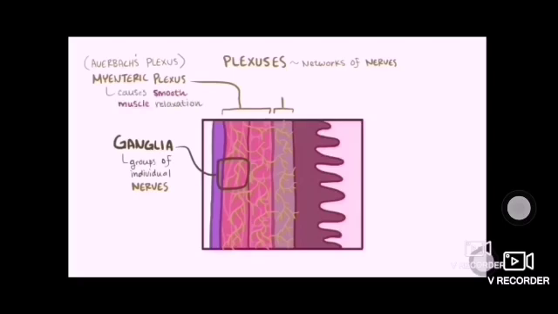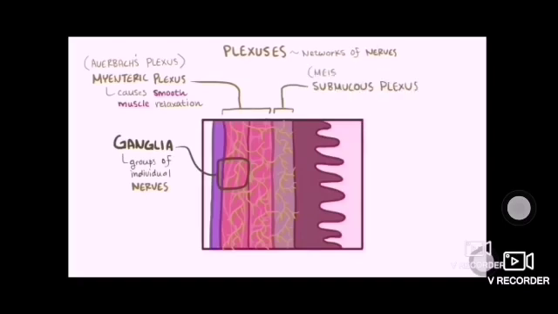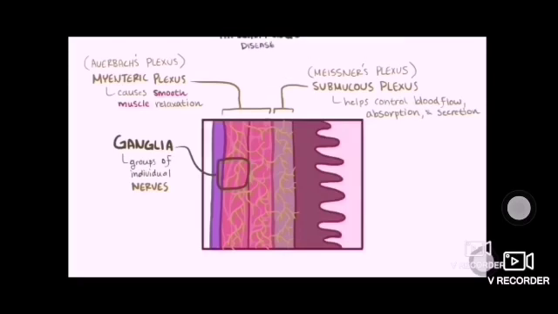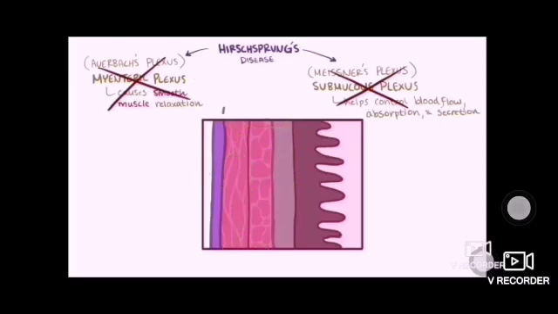The myenteric plexus connects with the second plexus, the submucous plexus, or also known as Meissner's plexus, which is buried in the submucosa and is responsible for helping to control blood flow and epithelial cell absorption and secretion. These groups of nerves are clearly super important for normal bowel function. For people with Hirschsprung's disease, both these plexuses are gone. They're completely absent in some parts of the gut.